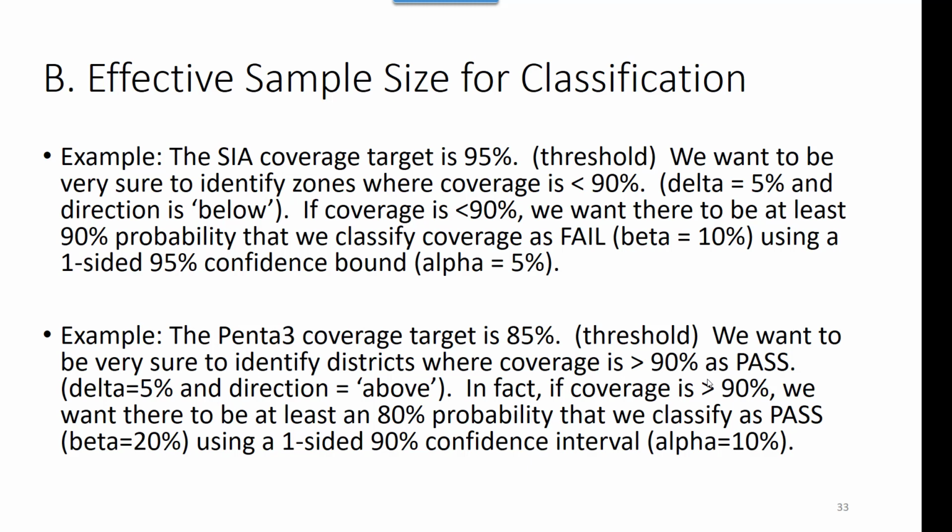You take this information and then you turn to table B2 or table B3, depending on whether direction is above or direction is below. And you use these values to look up the estimated sample size in those tables. Alternatively, you can enter those values into Dana's spreadsheet, and the spreadsheet will calculate the effective sample size for you. We'll see some examples of that in our time together on Tuesday.